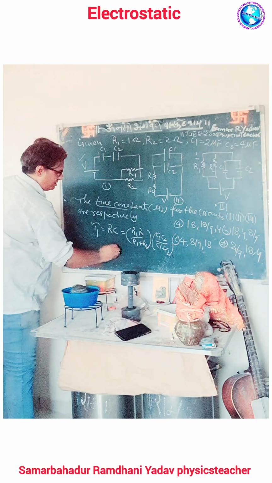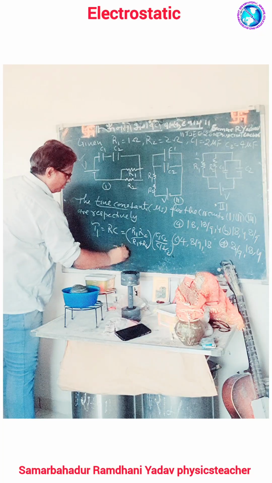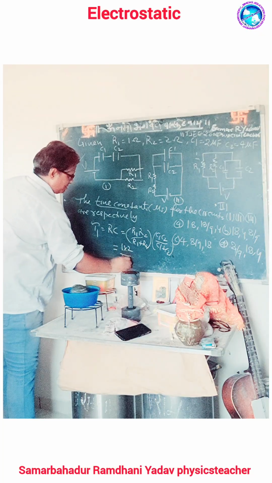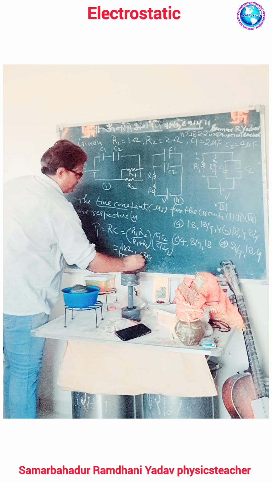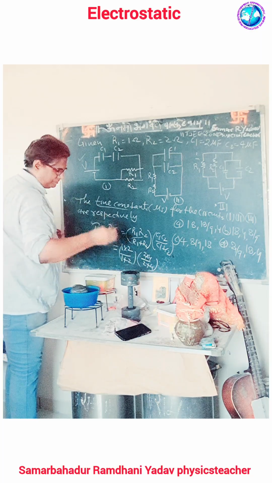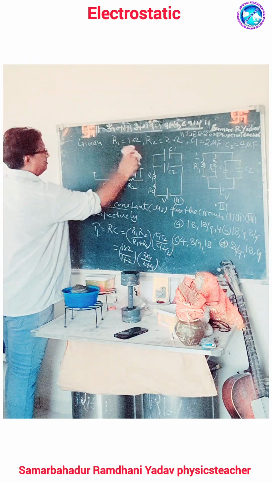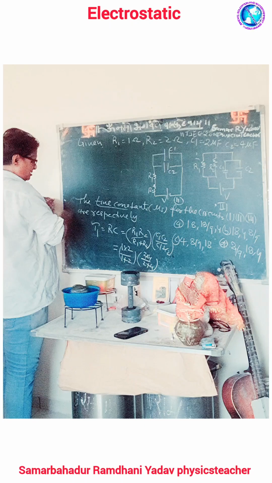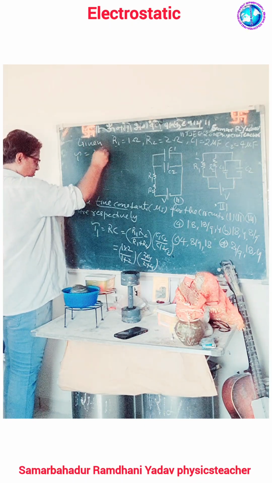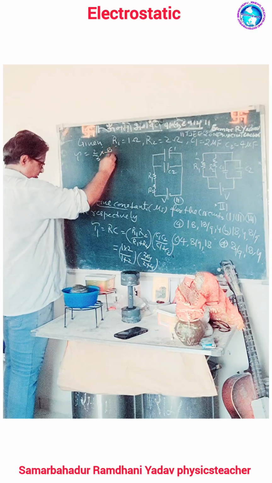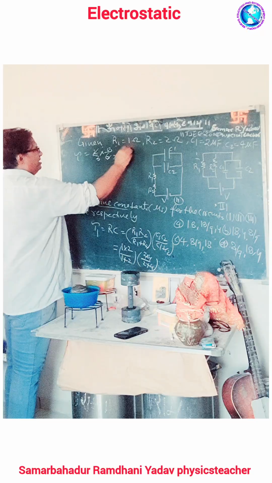Now keeping the values, R1 and R2 are 1 and 2, so 1 into 2 upon 1 plus 2, into 2 into 4 upon 2 plus 4. Therefore tau 1 is equal to 2 upon 3 into 8 upon 6. Simplifying, we can write 8 upon 9.